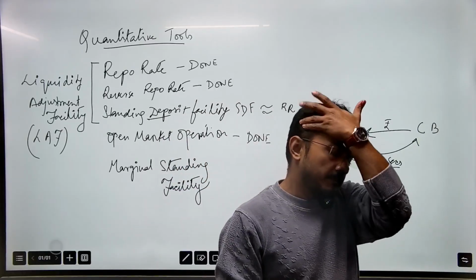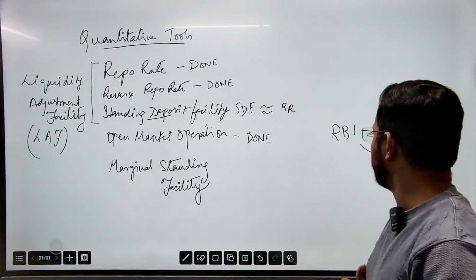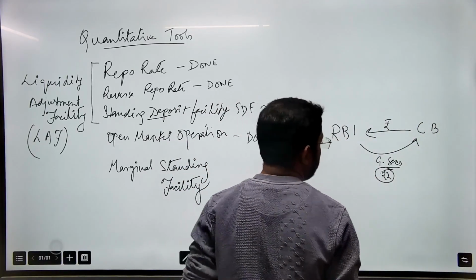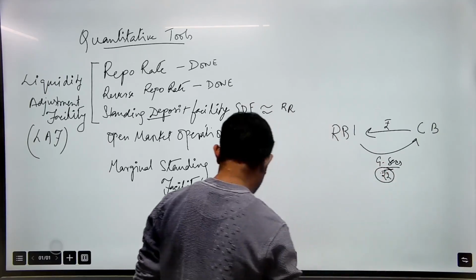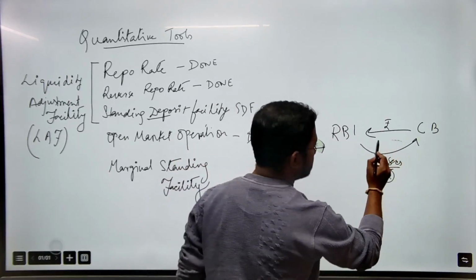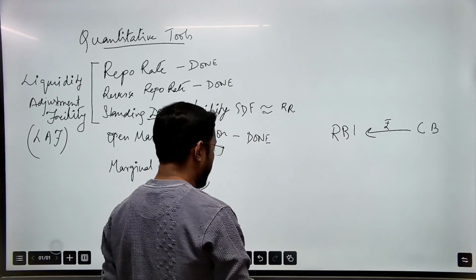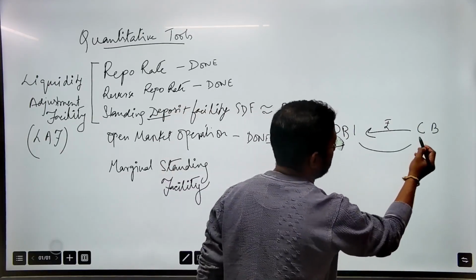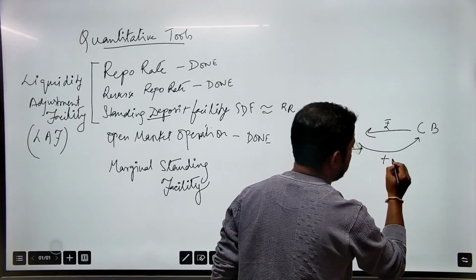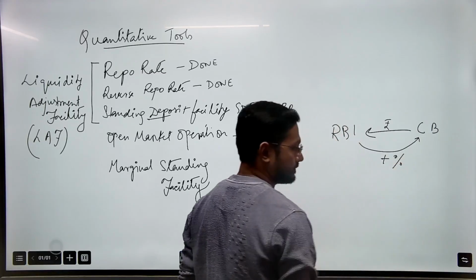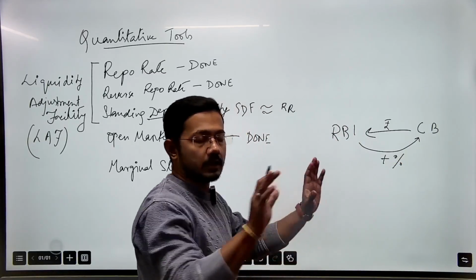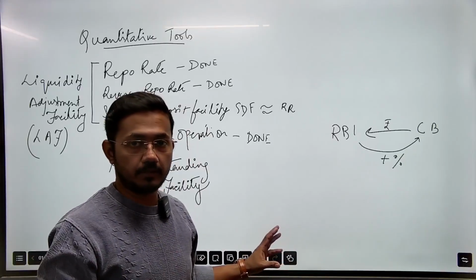So what the RBI decided was, let's get away with the system of government securities and let's give commercial banks a little bit more interest, but no government securities will be given to them.